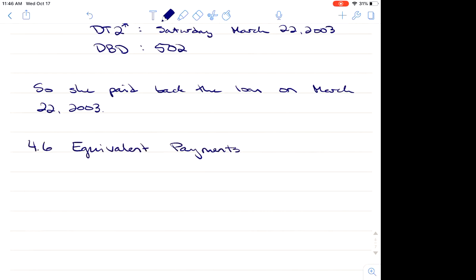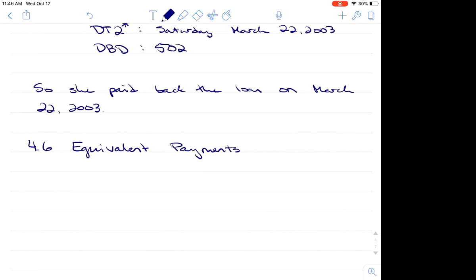We've already looked at those, like with D's multiple loans. She really only borrowed $5,300, but the equivalent of all those on those dates on December 31st was the 5,400, whatever we said. So those would be equivalent payments.